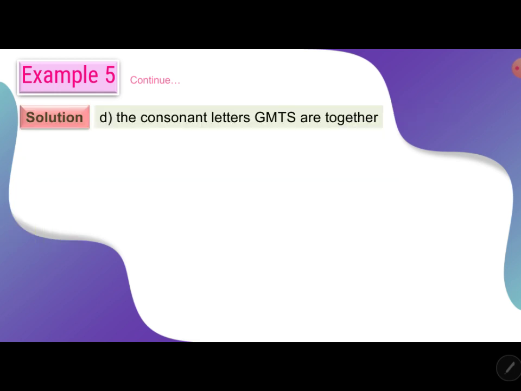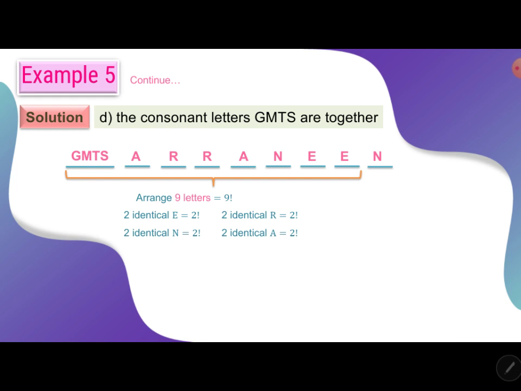Question D. The consonant letters G, M, T, S are together. So we have GMTS together. So what's left? We have a total of 12, minus 4 will be 8. So 8 together with GMTS, we have 9 letters. So that's why 9 factorial.